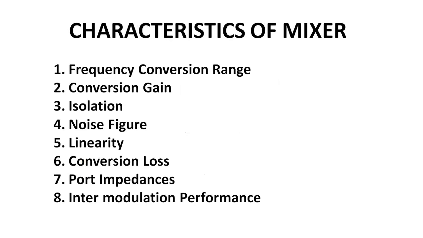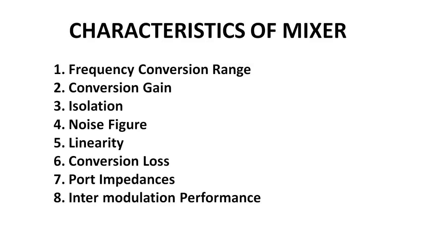Then we'll see the characteristics of mixer. One is frequency conversion range. This refers to the range of input and output frequencies that the mixer can handle. Second one, conversion gain. The conversion gain of a mixer indicates the level of amplification or attenuation applied to the input signals during the mixing process.